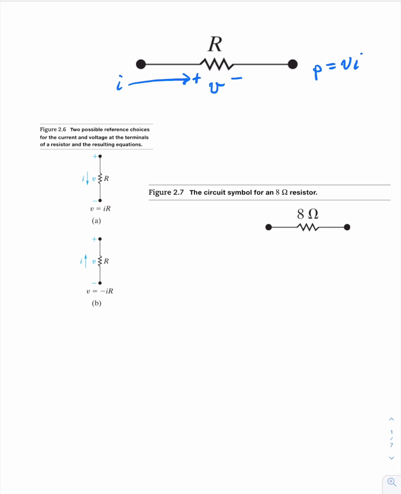In the text, they show a couple ways of current entering. The first is the current enters the positive terminal, and the second is the current enters the negative terminal.